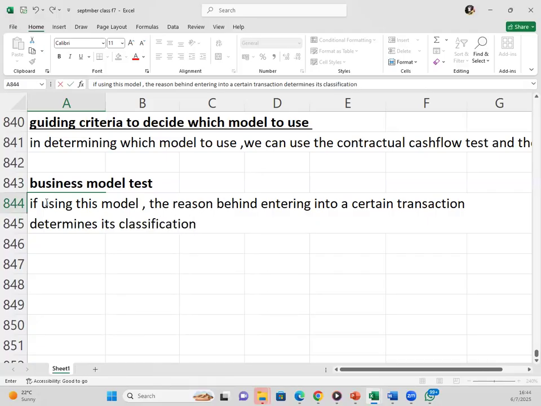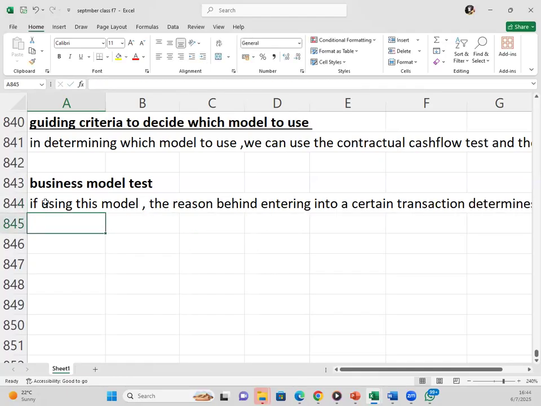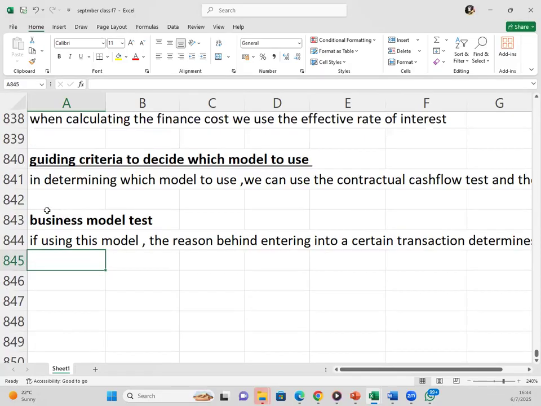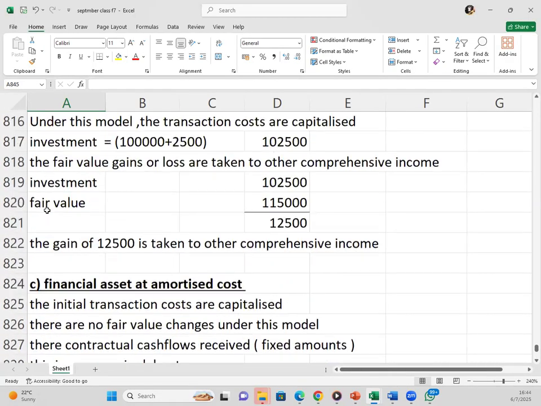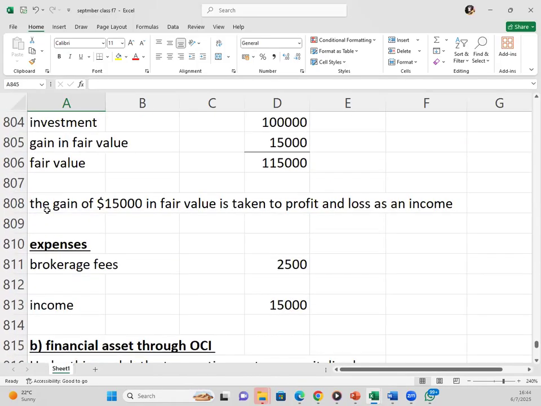So in this case, the reason behind buying the instrument determines how we classify it. Normally the business model works for A and B.